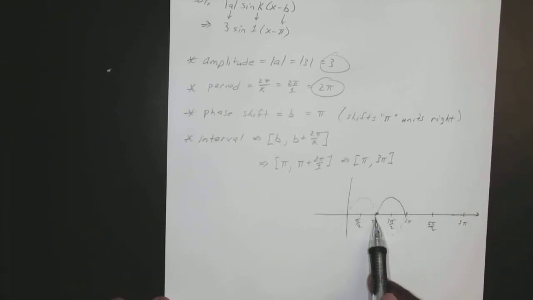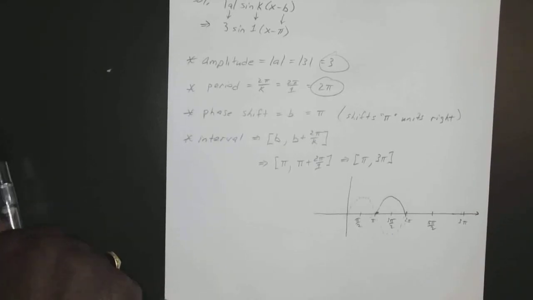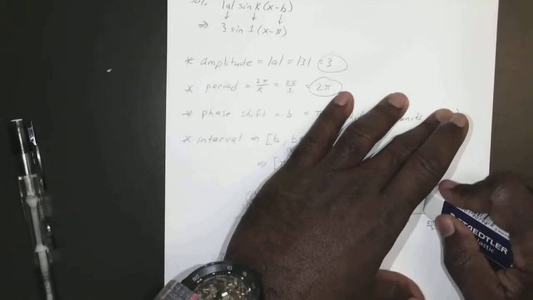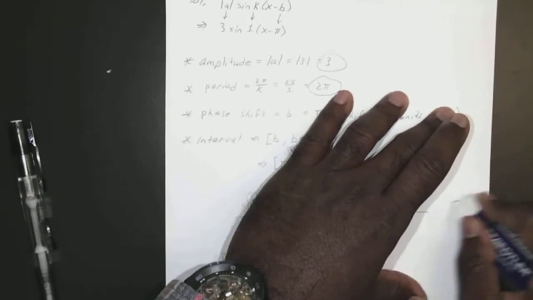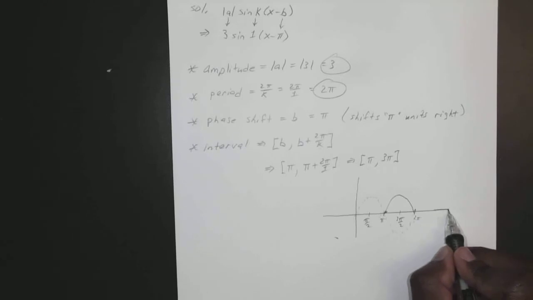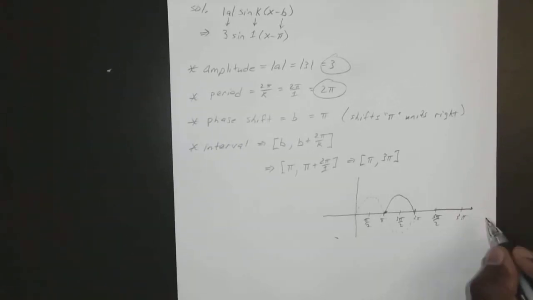And instead of going between pi and 2 pi, it would go between, oh, did I misdraw? I should have made that 3 pi a little bit closer. It's not necessarily drawn to scale. So 5 pi over 2, 3 pi.